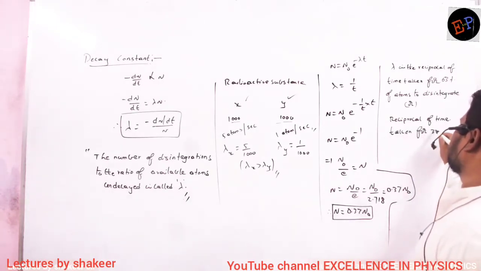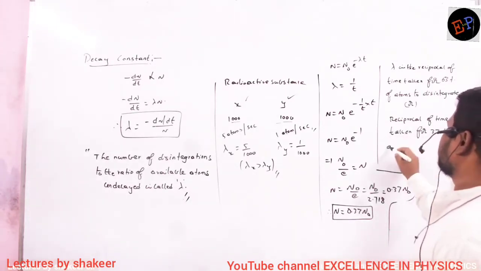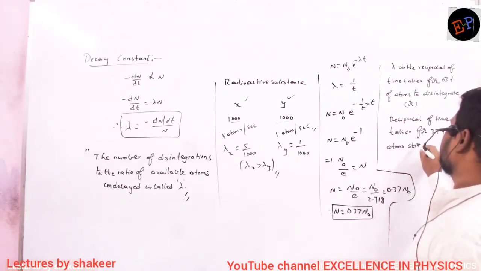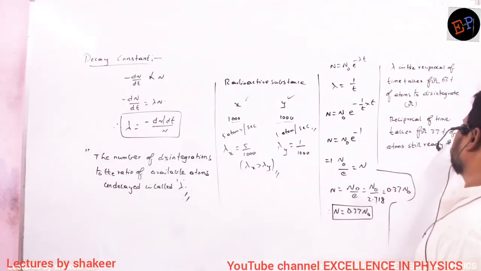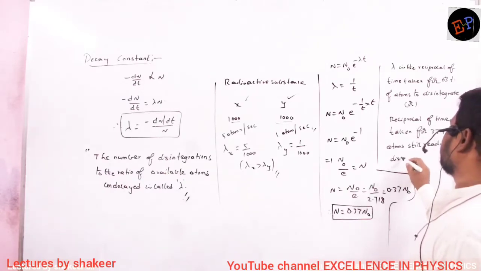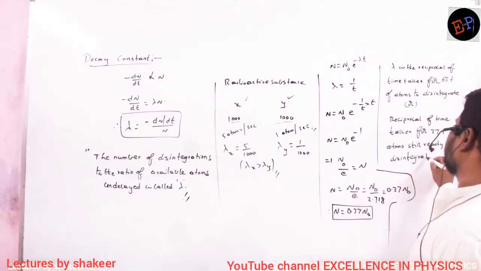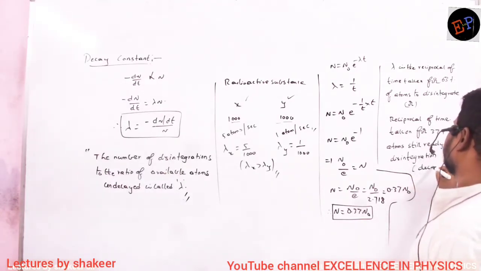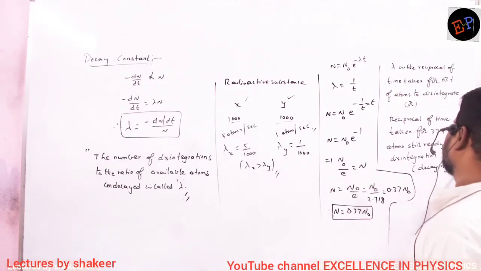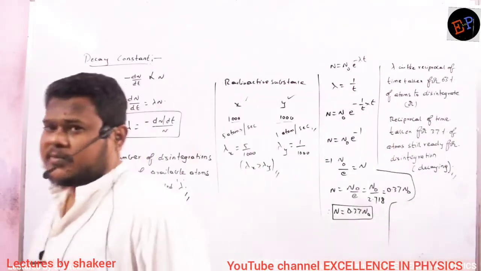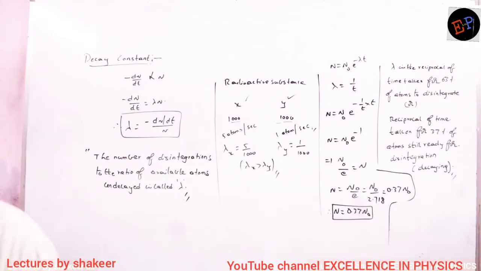For 37% of atoms still ready for disintegration. Disintegration and decaying both are the same. Are you able to understand? So that amount of time taken is called lambda.